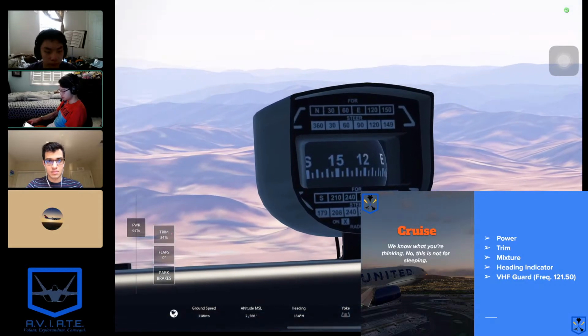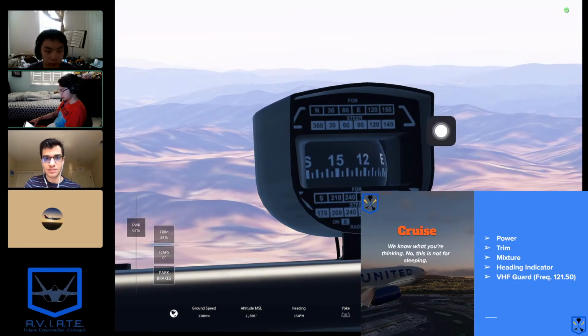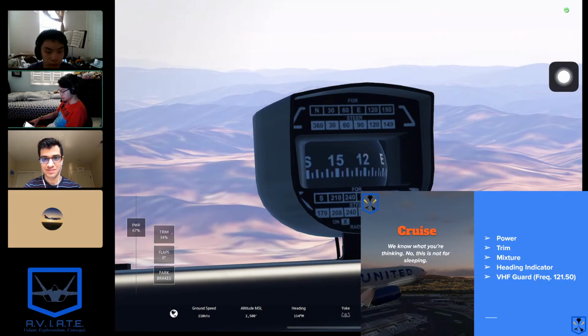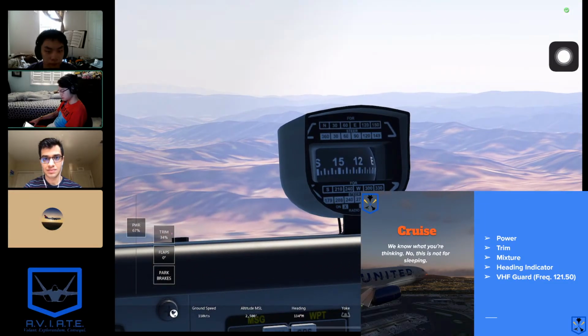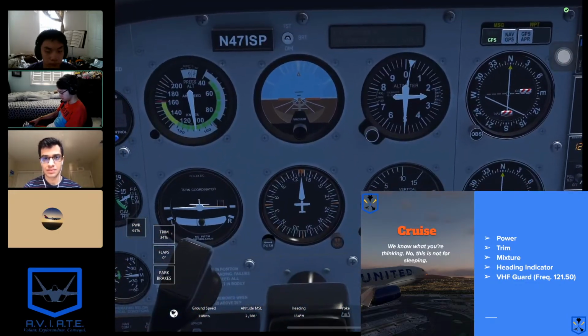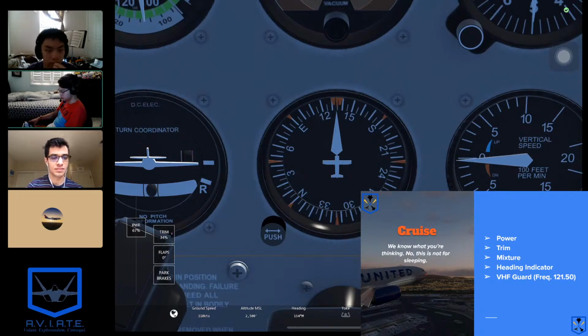For some reason, in this case, there's no tick mark showing where you're heading. I'm just going to estimate that it's in the middle of the 15 and 12, so it is showing our correct heading. But in real life, there's a little line in the middle that shows exactly where you are heading on the magnetic compass. Every 15 to 30 minutes, your heading indicator is not going to show the correct thing.